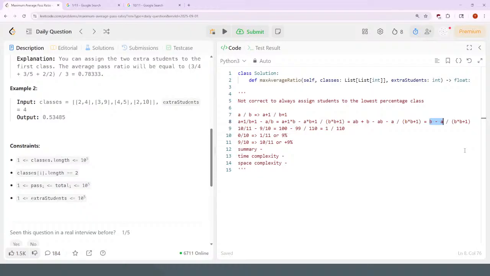B minus A. So when you have a fraction A over B, the increase is B minus A. One out of 10 to 2 out of 11.